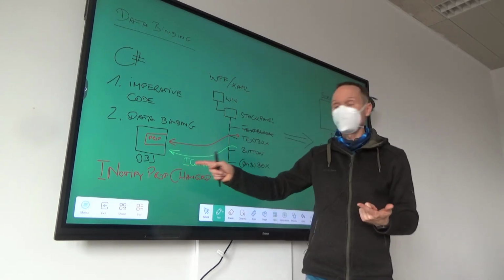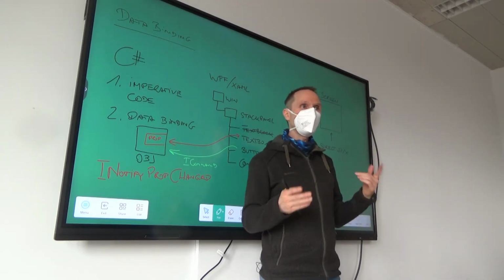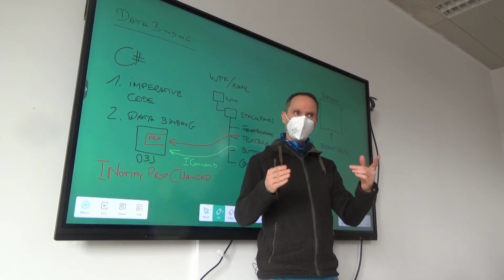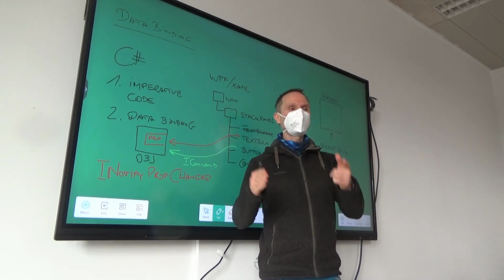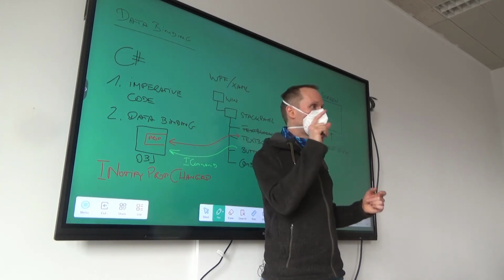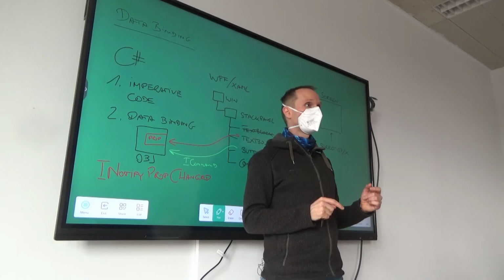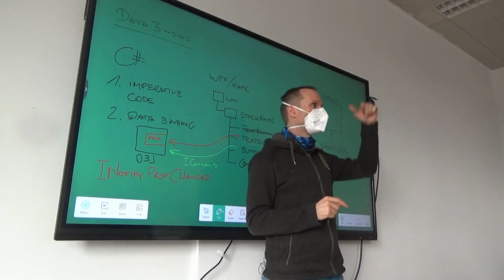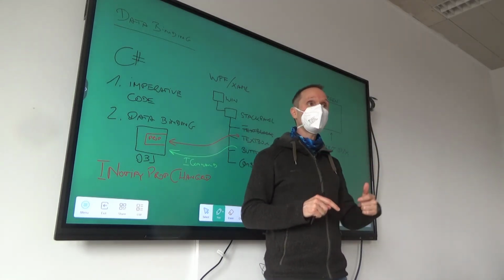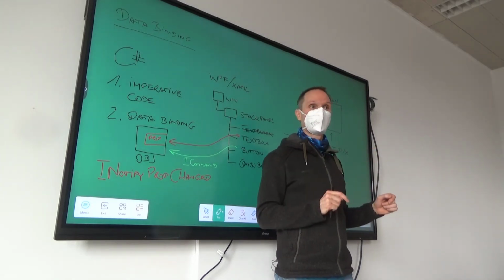Why do we have a separate interface for that? In Windows applications, the reason is simple. In Windows applications, you typically have multiple ways of triggering a certain event. For instance, you could have a button on the UI, but you could have exactly the same feature sitting behind a menu item. And you can have exactly the same feature sitting behind a keyboard shortcut.